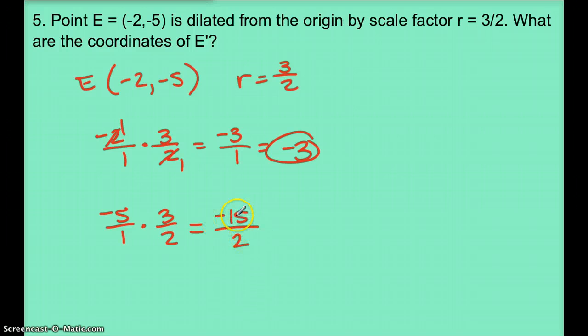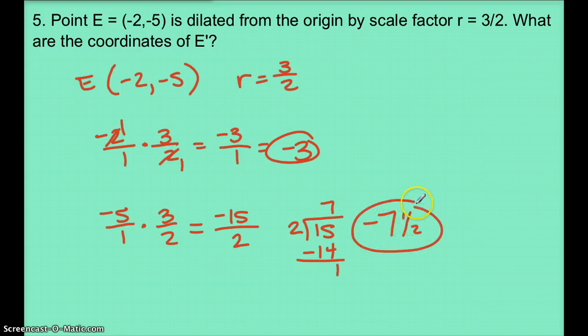It's an improper fraction, so I'm going to divide this and see what I get. 2 goes into 15 7 times, and I have 1 left over. And keep in mind it was negative, so it's going to stay negative. -7 and 1/2. So my ordered pair for E prime is going to be (-3, -7 1/2).